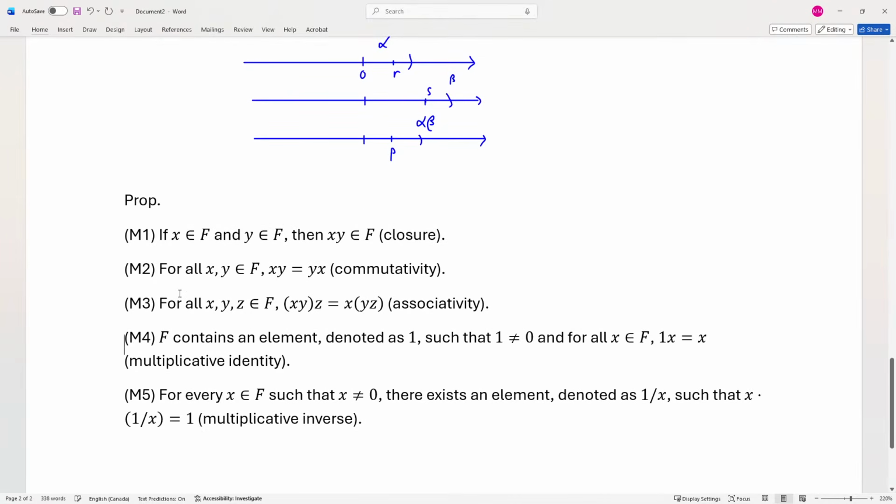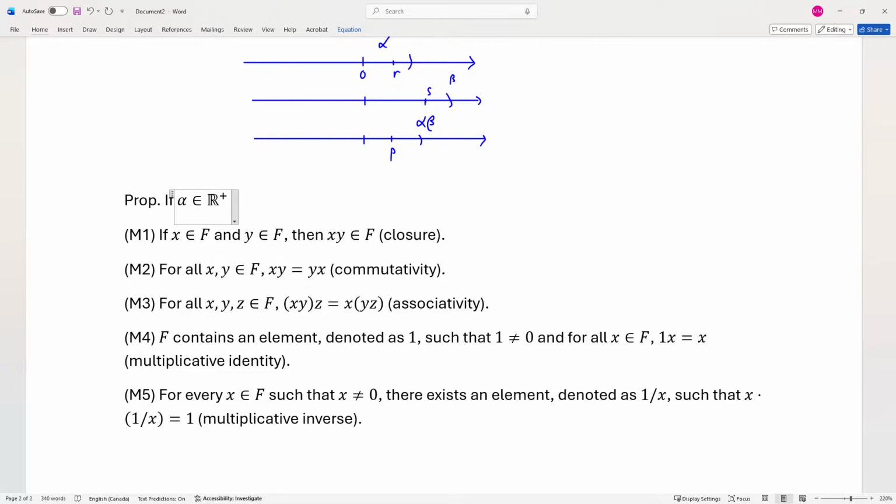The proposition 1 says, if alpha is in the set R plus. Actually, we want R to be a field, right? But here we only define multiplication in R plus. So actually, why don't we just prove something stronger, like to prove that this multiplication is closed in R plus.